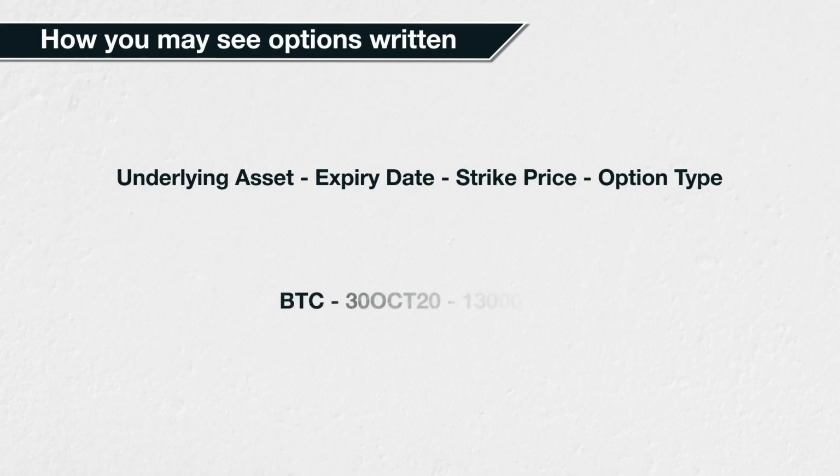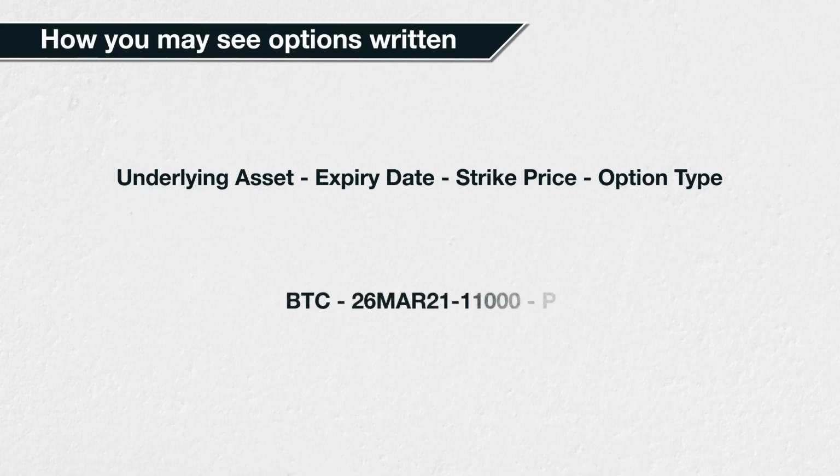For example, if you see an option written as BTC-30OCT20-13,000-C, this means that the underlying asset is Bitcoin, BTC, the expiry date is the 30th of October 2020, the strike price is $13,000, and the option type is call. The buyer of this call option then is purchasing the right to buy Bitcoin at a price of $13,000 on the 30th of October 2020.